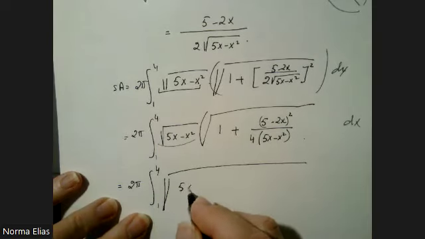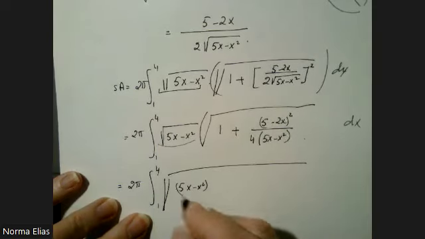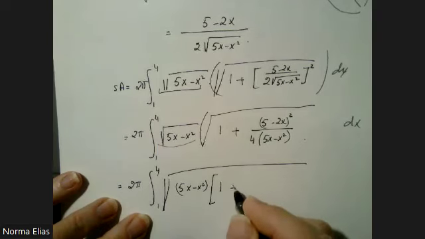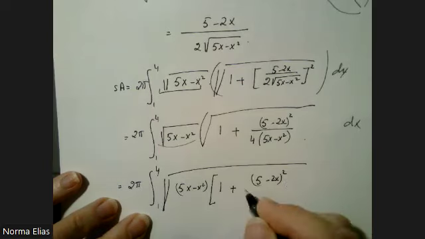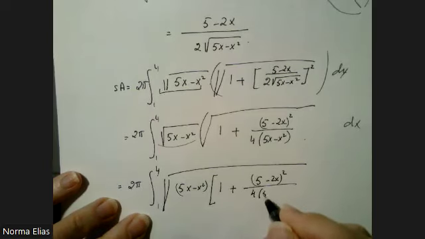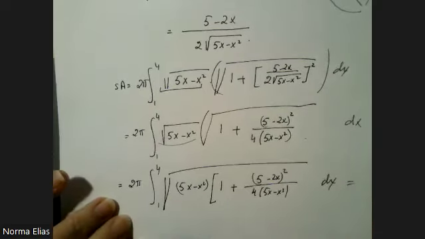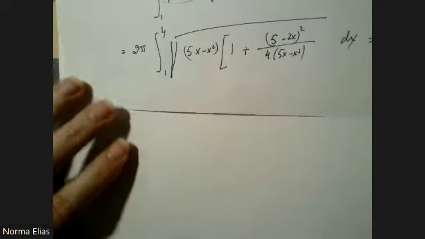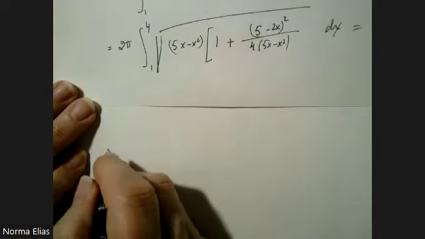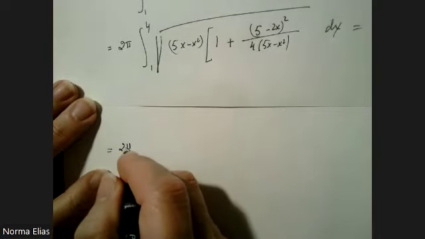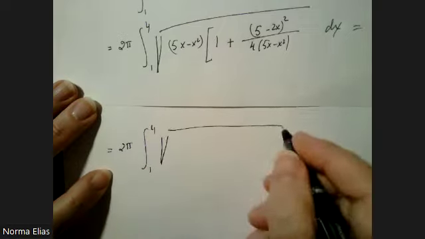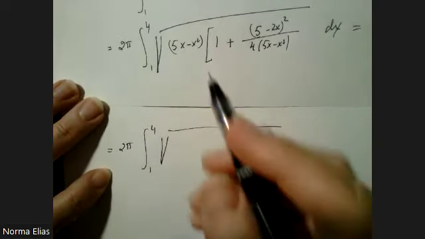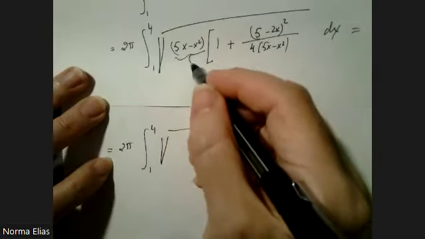So I'm going to take 5x minus x squared times 1 plus quantity 5 minus 2x squared divided by 4 times 5x minus x squared dx. Okay. So finally, if we do everything correct, this is going to be 2 pi times the integral from 1 to 4 of the big square root. Remember, it has to work because those problems are made up.